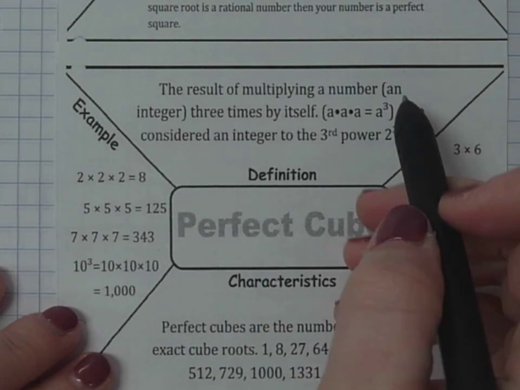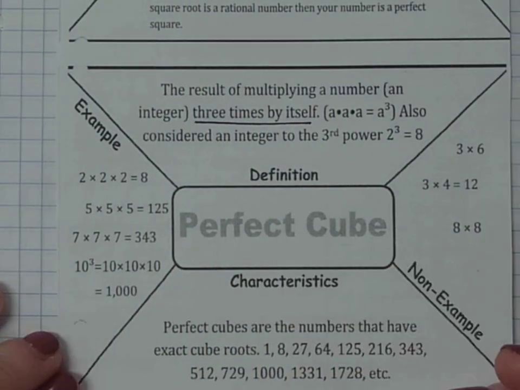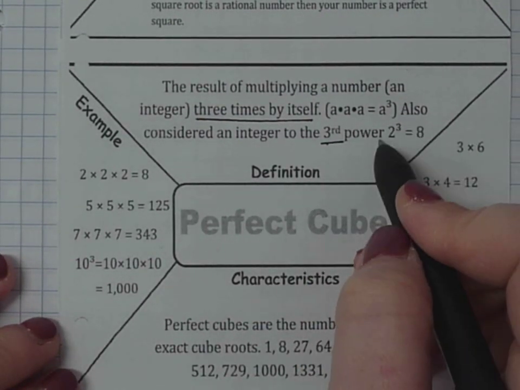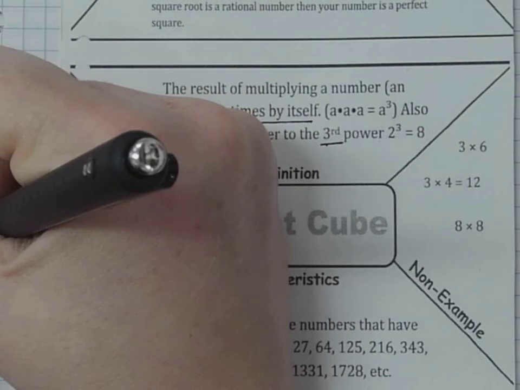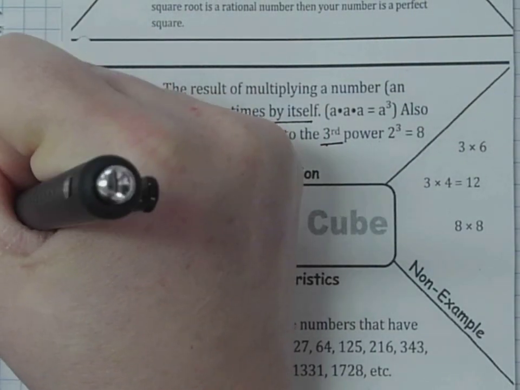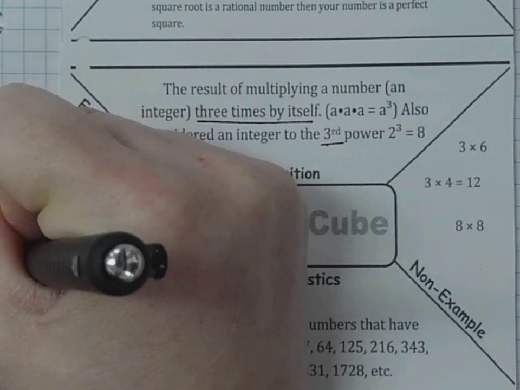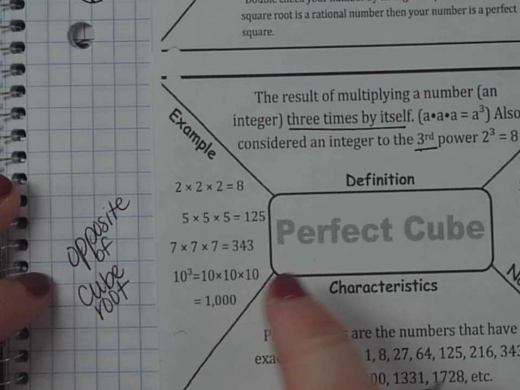A perfect cube is a number multiplied times itself 3 times, or to the power of 3. So 2 cubed is 8, 2 times 2 times 2. This one's the opposite of cube root.